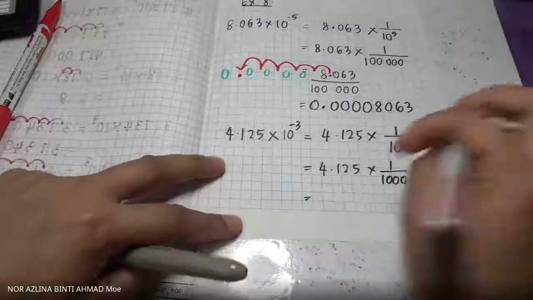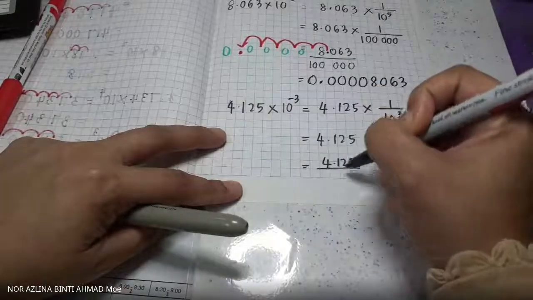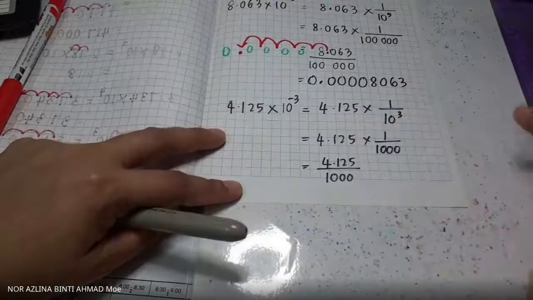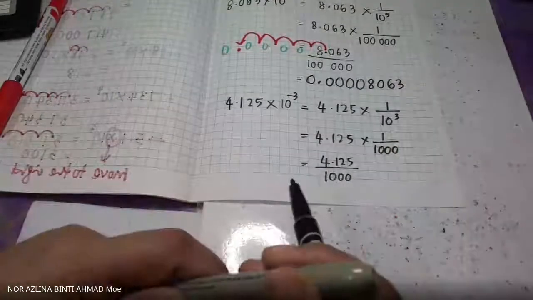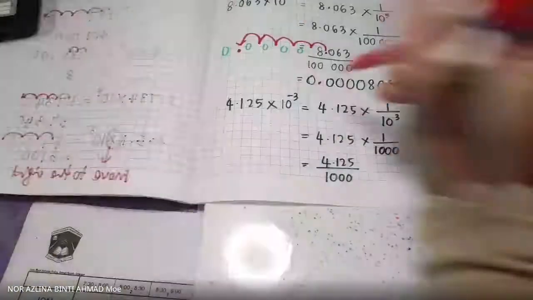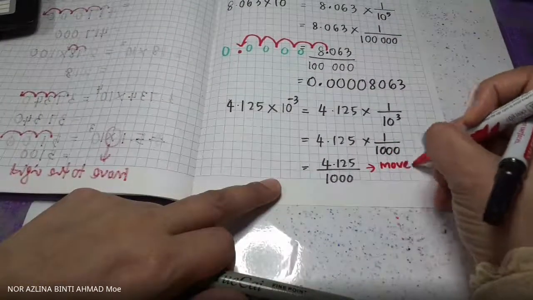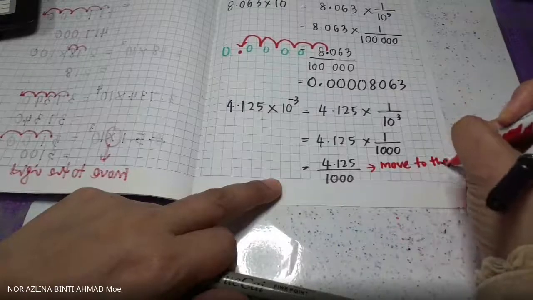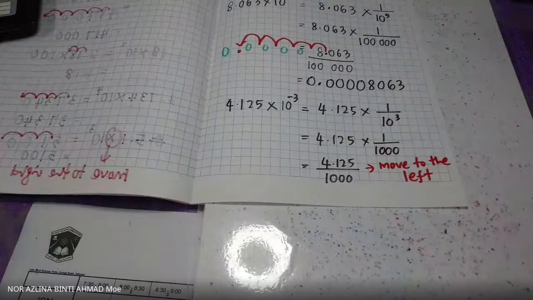We combine, become 4.125 over 1000. This is division, so the decimal moves to the left.